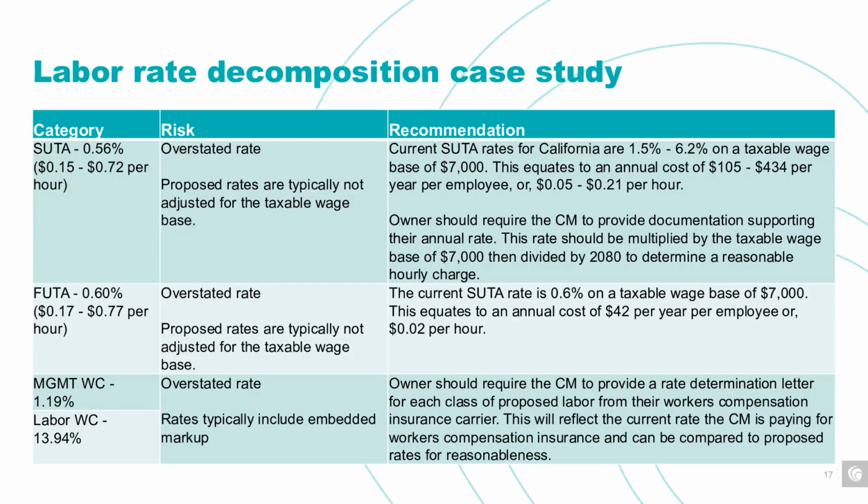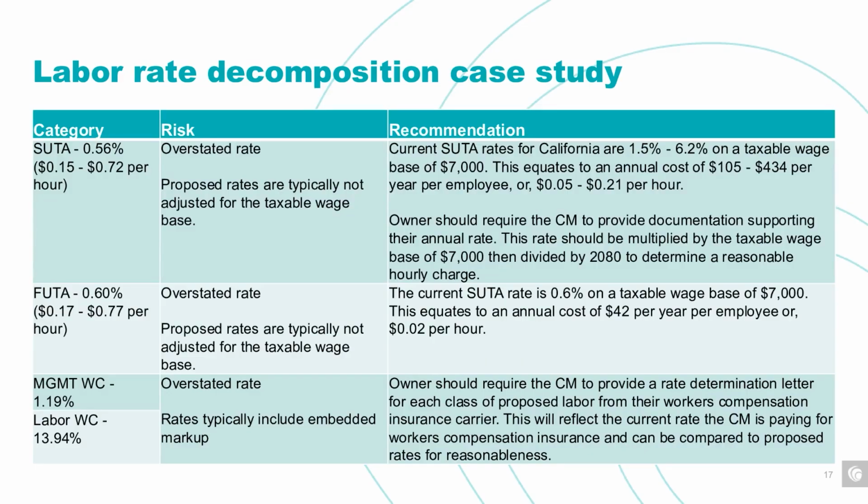California's SUTA rates at the time were 1.5% to 6.2% on a taxable wage base of up to $7,000. So this equates to an annual cost of $105 to $435 per year per employee, or 5 cents to 21 cents per hour. As we look at this rate and compare that to the proposed rate of 15 to 72 cents per hour, we can see we've got a pretty significant variance here.